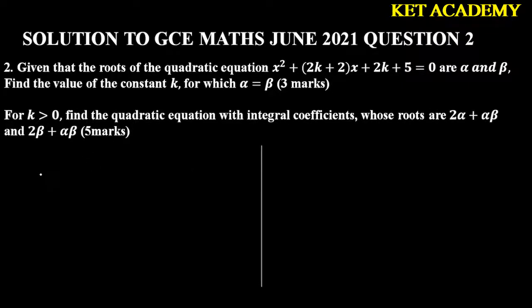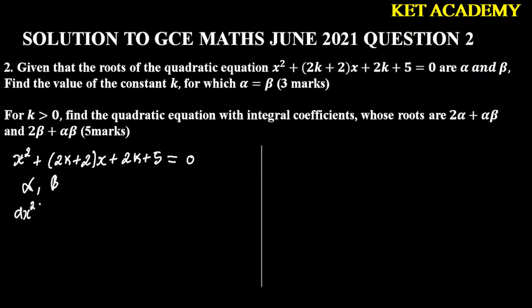Now we have been given our quadratic equation. And it is said here that alpha and beta are the roots of this equation. So alpha and beta are the roots. We know from here, we compare this with ax squared plus bx plus c equal to 0.